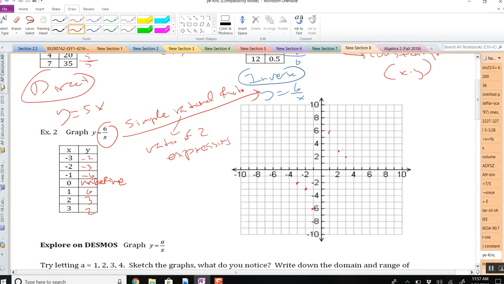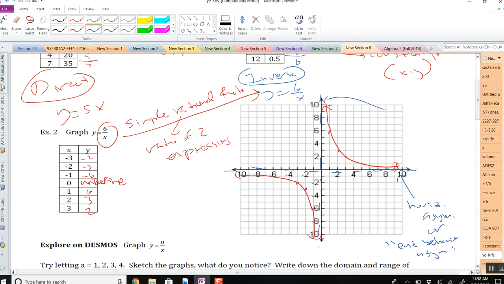Now, how are we actually going to graph it? The graph is going to look like this, and I'll explain why in a little bit. I'm going to draw these boundaries here. So this right here is our horizontal asymptote, or we call it end behavior asymptote.